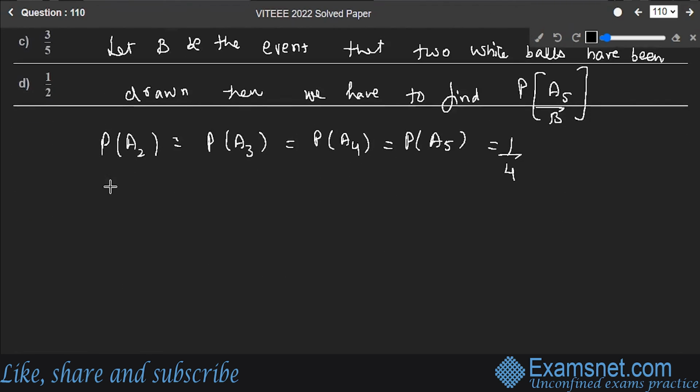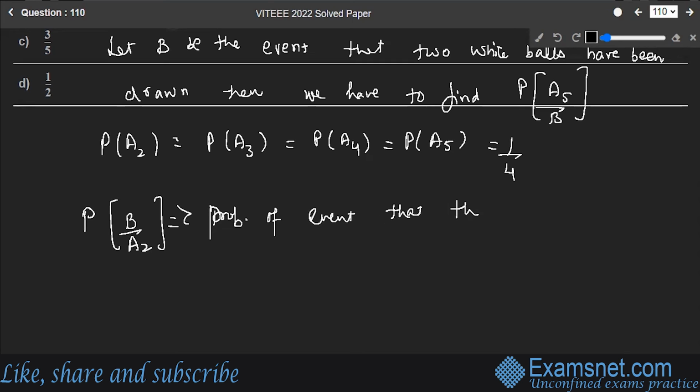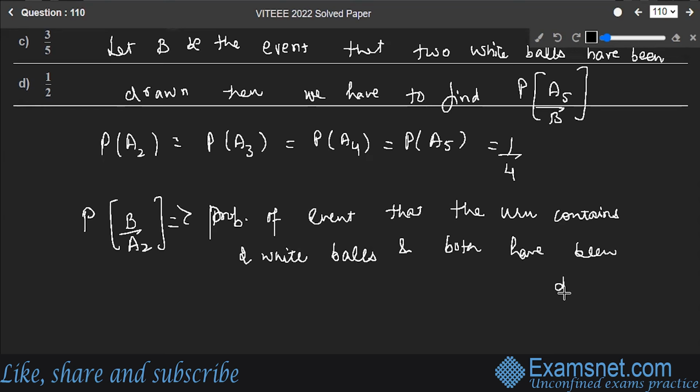Okay, so the probability B upon A2 is the probability of the event that the urn contains 2 white balls and both have been drawn.